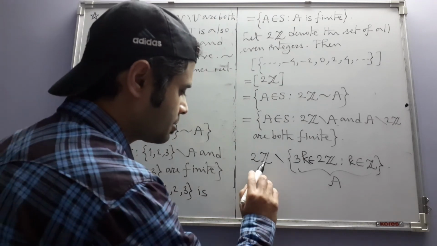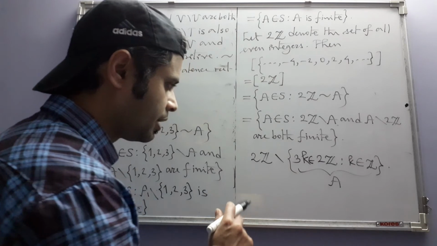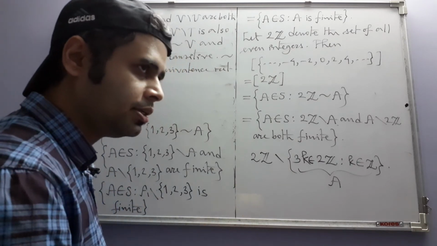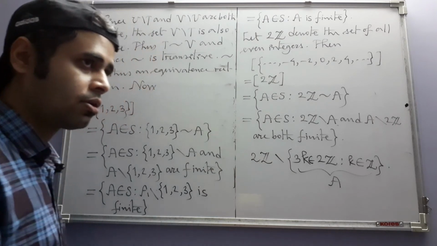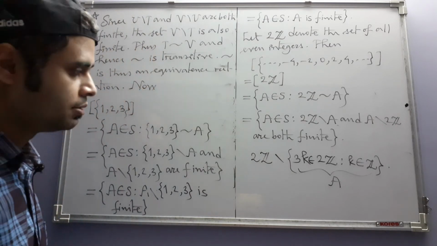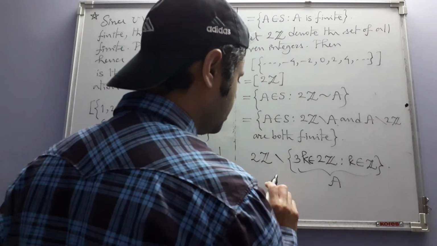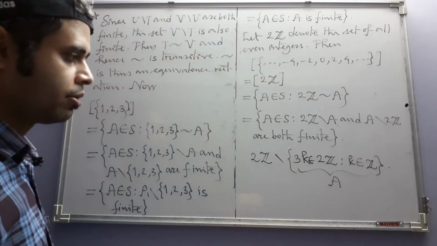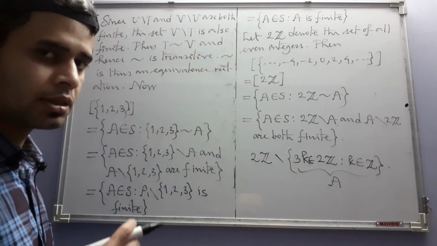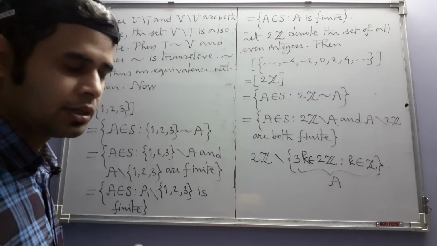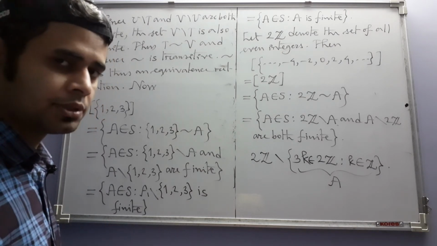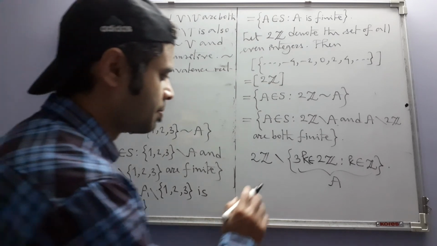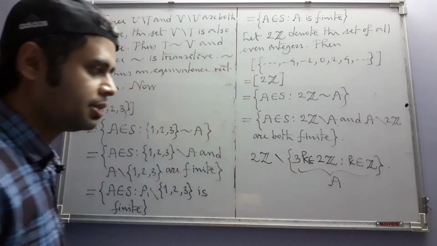That is because there are infinitely many even integers that are not multiples of 3, namely the ones that are not divisible by 6. The even integers that are not divisible by 6 are not multiples of 3, and there are infinitely many such integers.